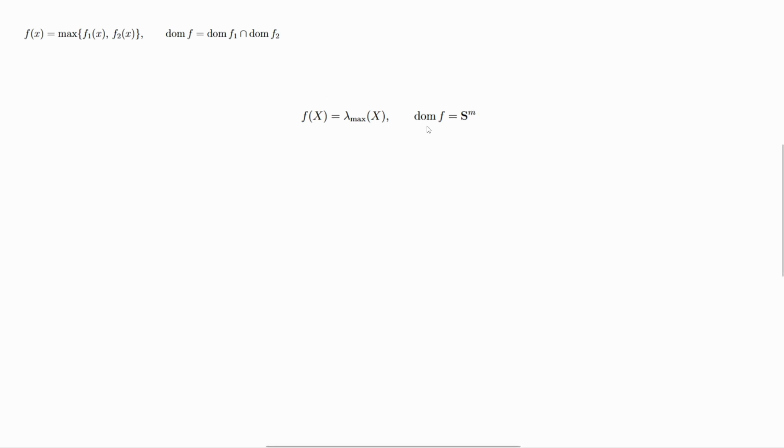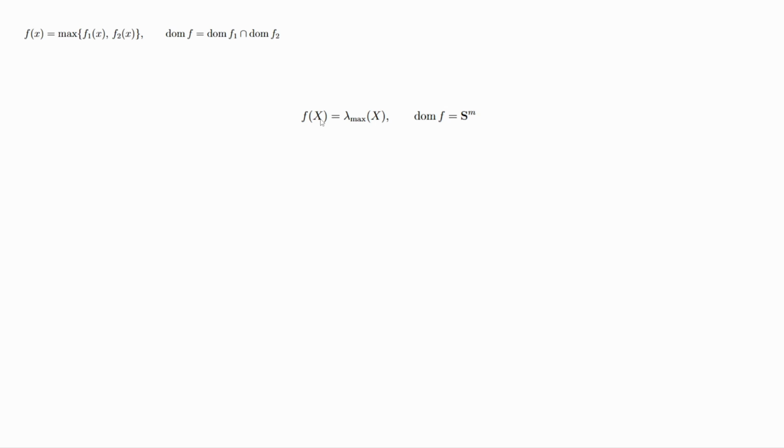First, x comes from the set of symmetric matrices. Then you take the maximum eigenvalue of this symmetric matrix. The function takes an input x, which is a symmetric matrix, and outputs the maximum eigenvalue.